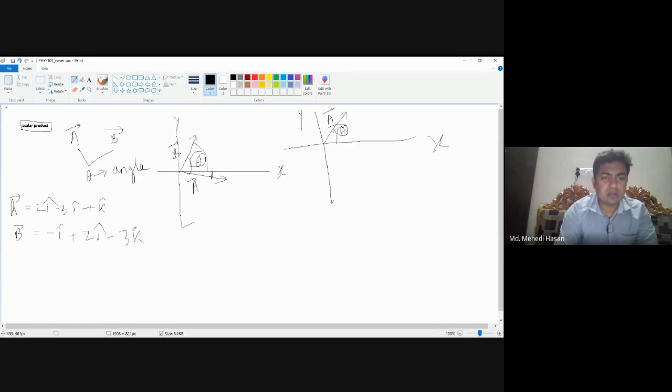Okay, so these are the two vectors given, vector A and vector B. Now these vectors are given in unit vector notation, in i, j, k form.